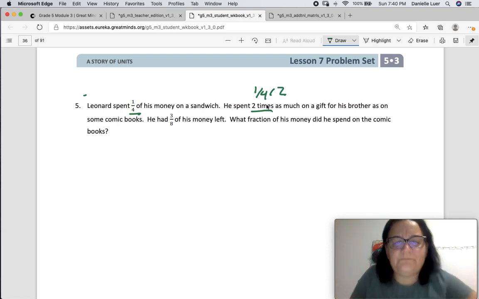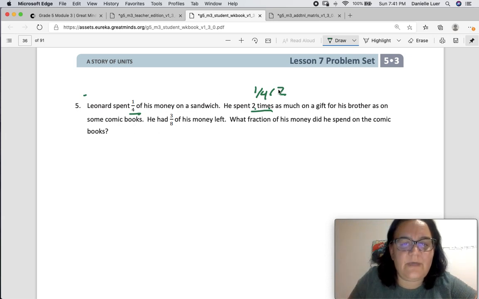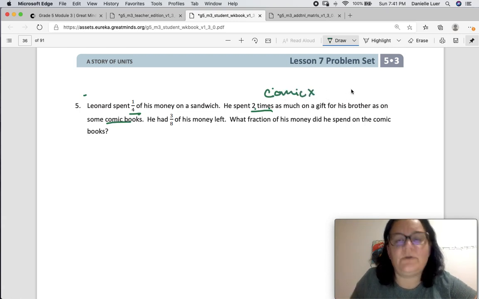Wait a minute. He spent 2 times as much on a gift for his brother as on the comic books. So we don't know actually how much the comic books were. So I'm going to have to erase this. And I'm going to put comic books times 2 is how much he spent on the gift. Oh no, it is the comic books. Okay.